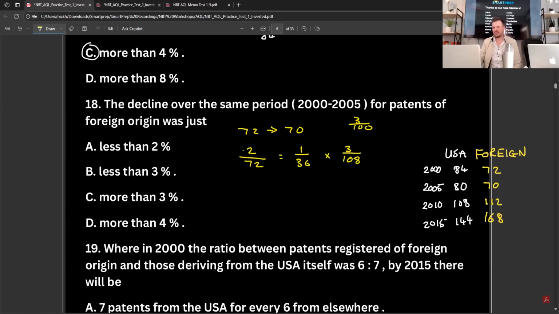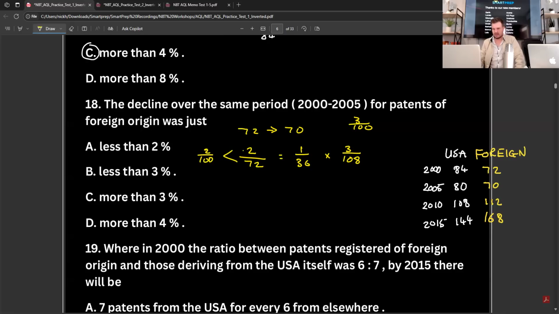Now, because the bottom number is bigger, we know that it's less than 3%. Okay, but because 72 is smaller than 100, it's bigger than 2%, because 2% would be 2 over 100.